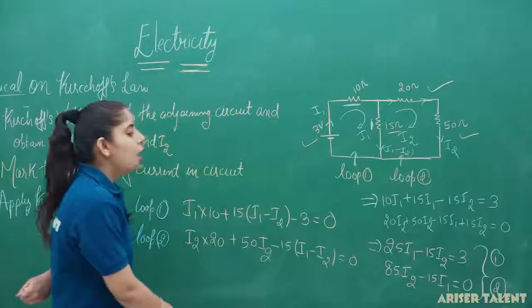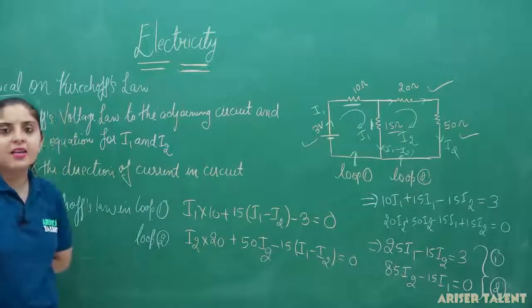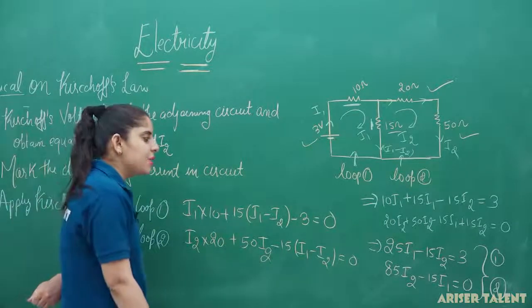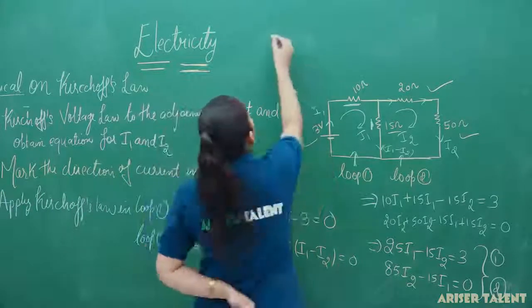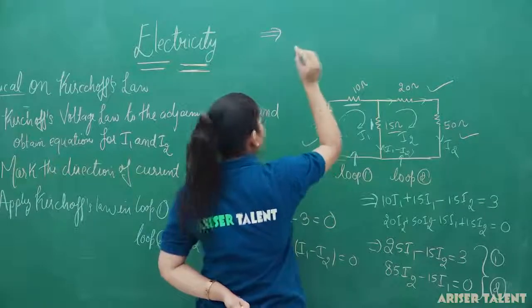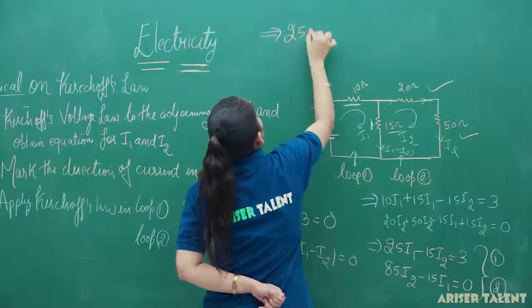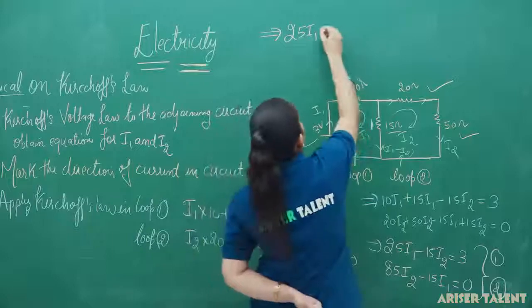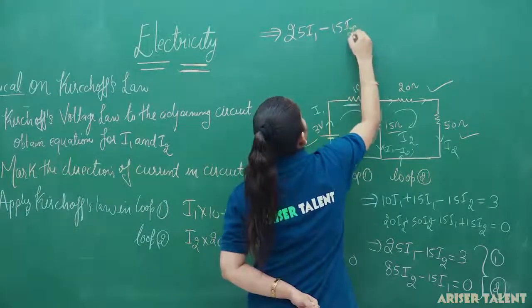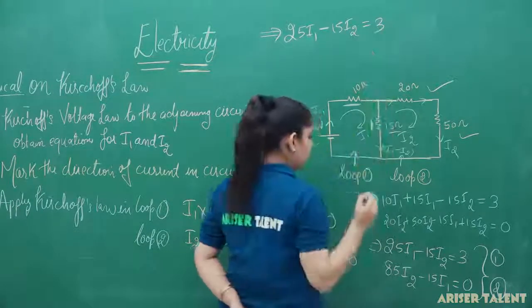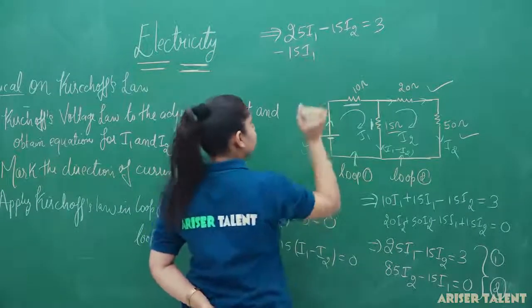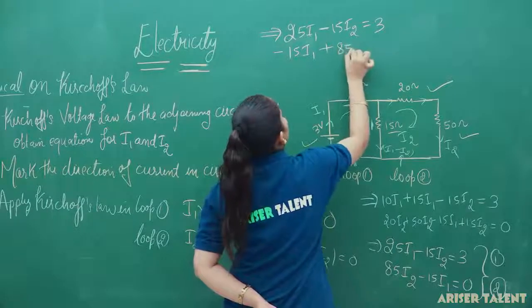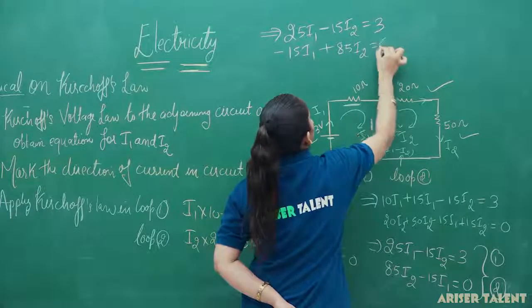Now, how do you solve these equations here? We will simply solve them by equating coefficients. So, let us equate the coefficients. The equations we have are 25 I1 minus 15 I2 equal to 3, and minus 15 I1 plus 85 I2 equal to 0.